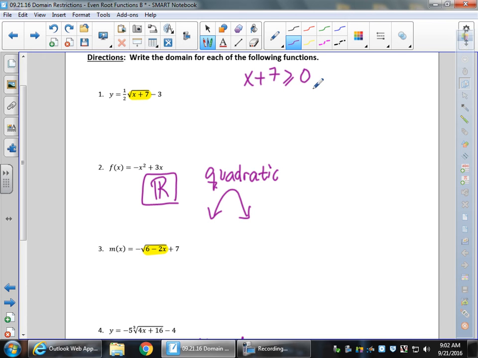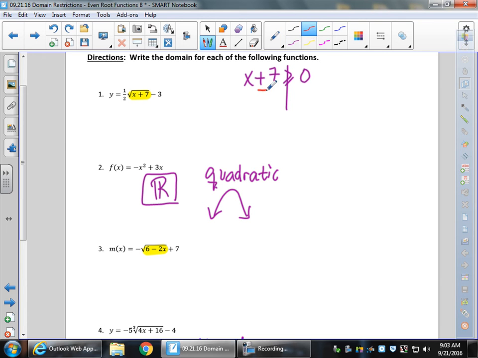Write that down right now and solve. The reason why we write that has been the discussion of the day. We're saying that underneath a radical, it could be equal to 0 or bigger than 0. It can't be negative. So this is how we figure out what x value would cause it to be negative.